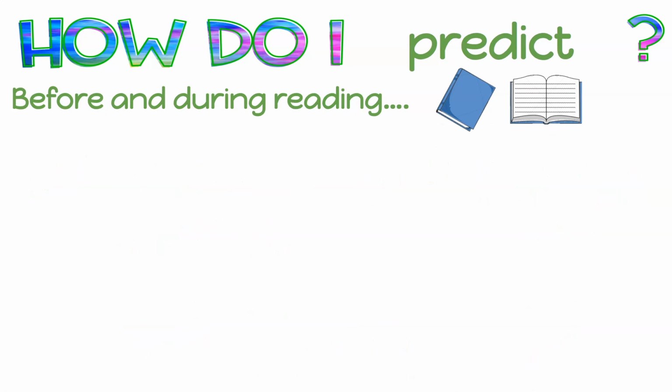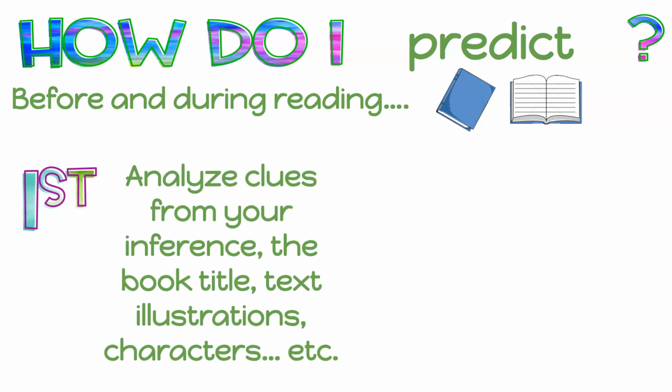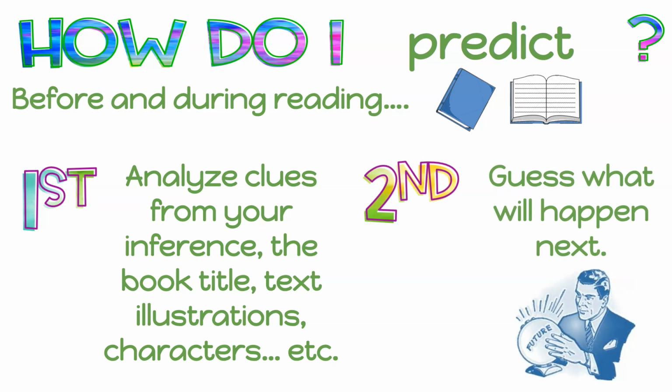Now let's talk about how we would predict both before and during reading. Your first step is to analyze the clues from your inference, from the book title, from text illustrations, from characters' words, thoughts, feelings, and actions. After you've analyzed those clues, you'll want to guess what will happen next.